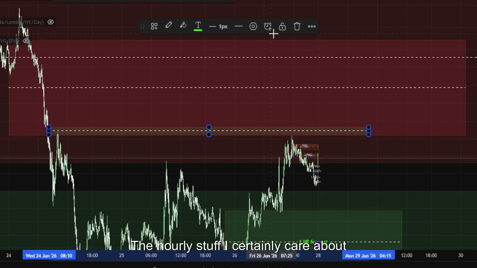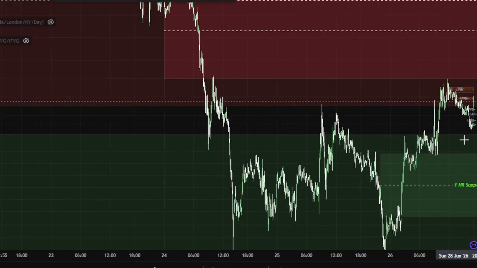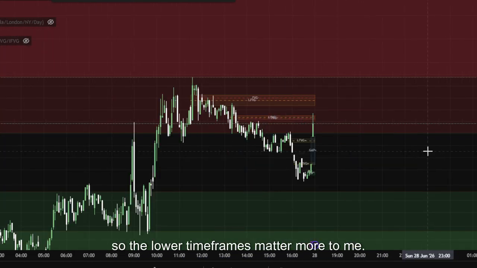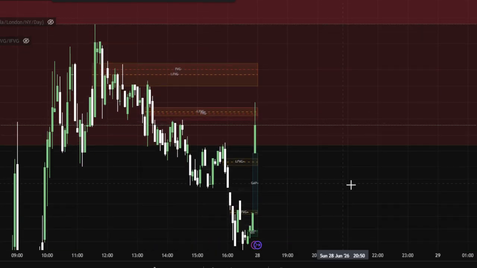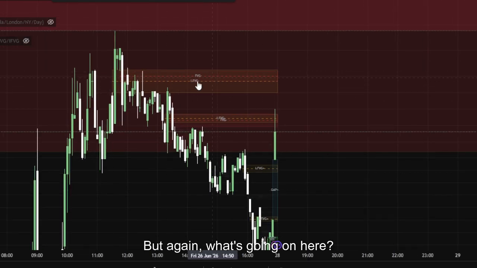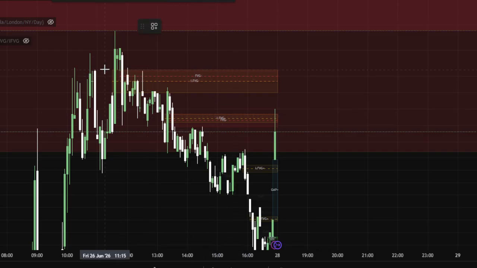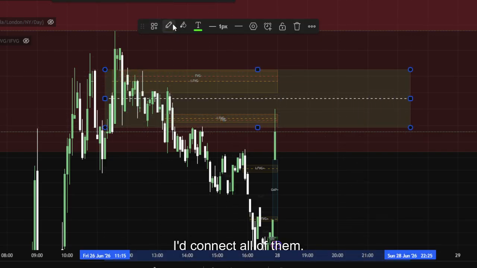The hourly stuff I certainly care about, because again, I'm a day trader scalper, so the lower time frames matter more to me. But again, what's going on here? So we have some bearish stuff. I'd connect all of them.